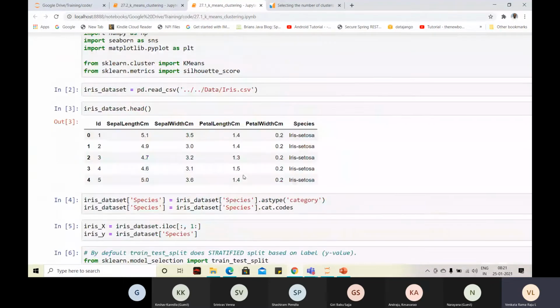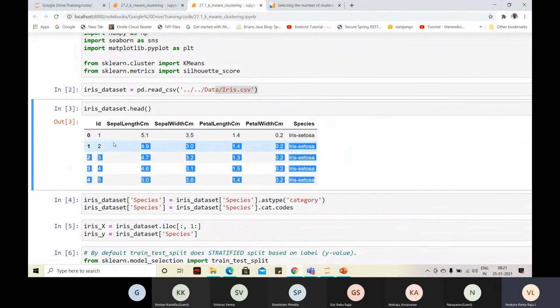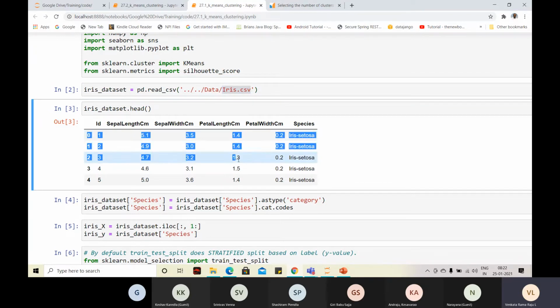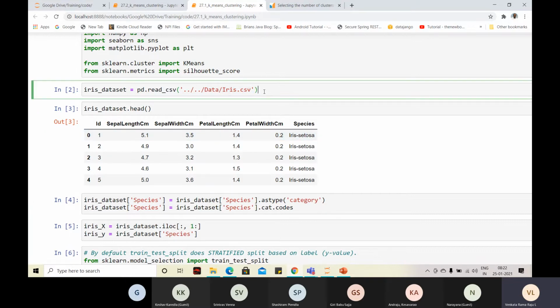Yeah, that's the point. See here, we know the data. We know that the data belongs to 3 groups. Do you agree? The iris data belongs to 3 groups, right? How many species are there in this iris data?